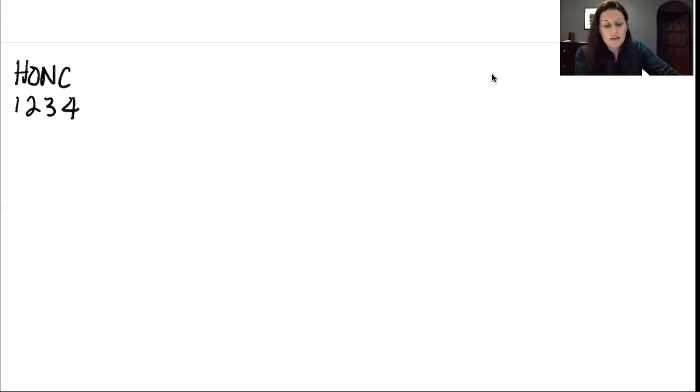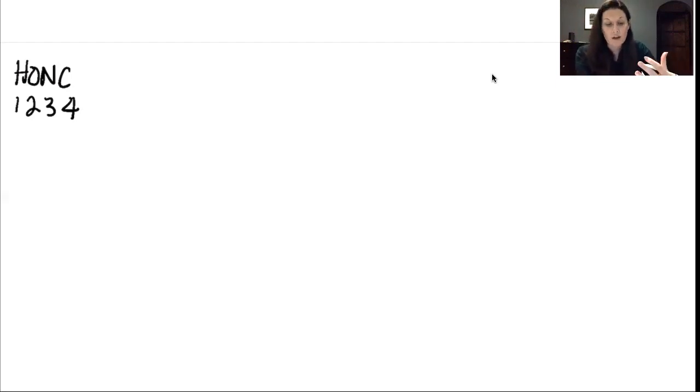Okay, so let's look at this in action. I'm going to compare two molecules: carbon dioxide and water, and we'll see how this applies to our HONC 1, 2, 3, 4 rule. Carbon dioxide, we've drawn this one before. This is one that eventually you should have memorized.